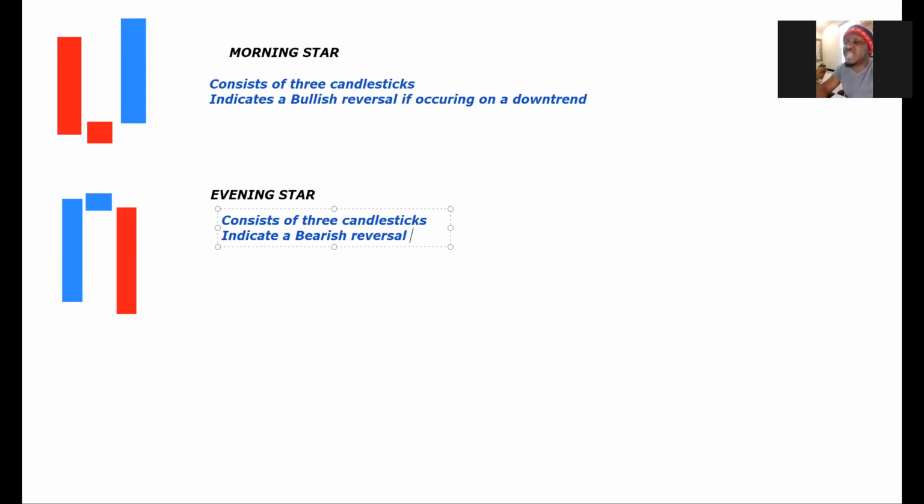And if you are keen to look at these candles, you're going to realize something. And I'm going to draw it on this other side, right? If occurring on an uptrend.